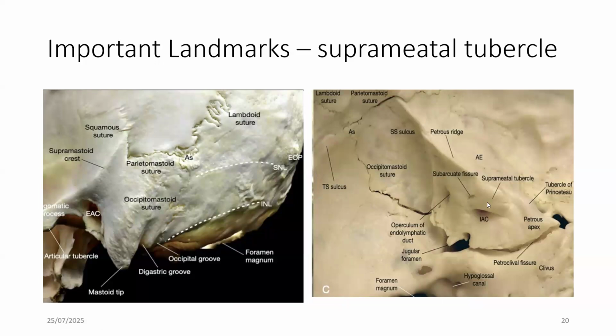This structure is very important, especially when one wants to extend the retrosigmoid approach into the middle cranial fossa, as we know that the petrosal ridge here is the one demarcating the middle cranial fossa from the posterior fossa. So if there is an extension of a lesion into the middle cranial fossa, the suprameatal ridge here can be drilled in order to be able to access either Meckel's cave pathology or even sometimes petroclival pathology.